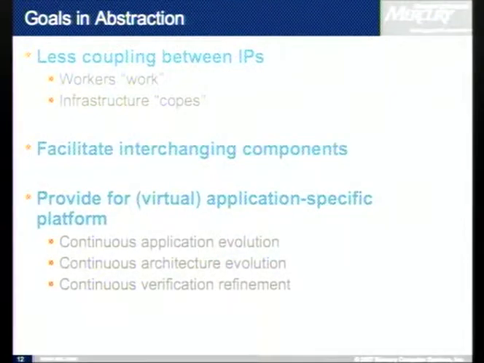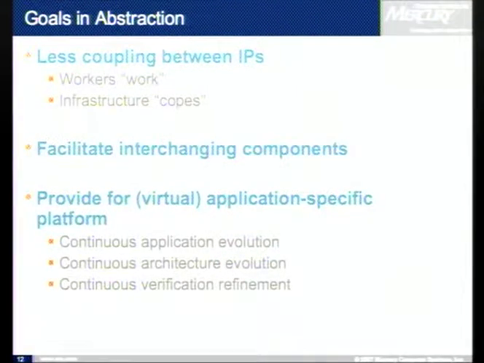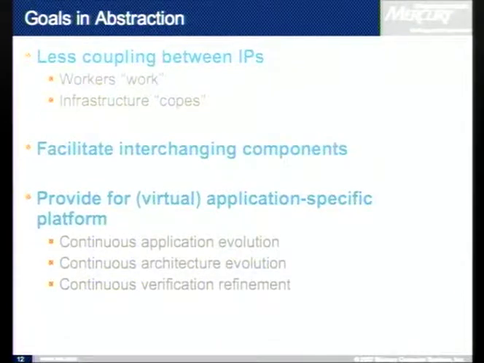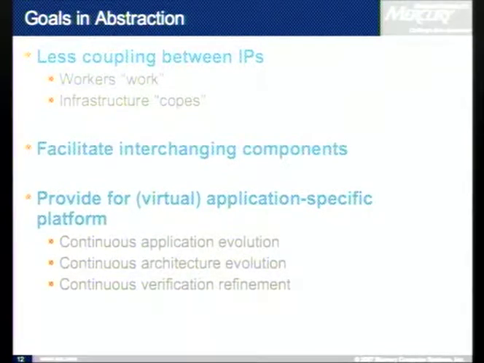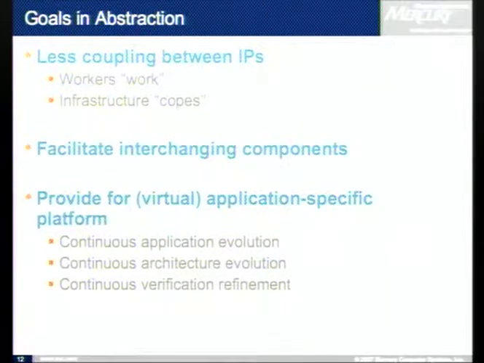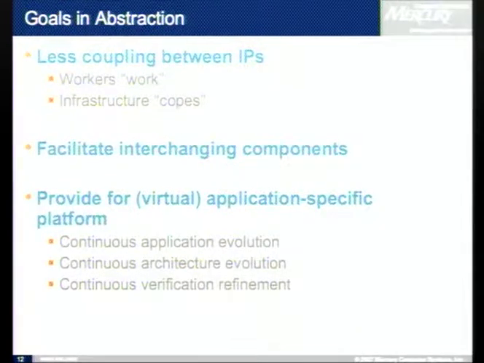So some of the goals that we have in abstraction are trying to decouple influences on different parts of the system. We'd like workers to just work, get their job done, and the infrastructure surrounding that worker to cope.